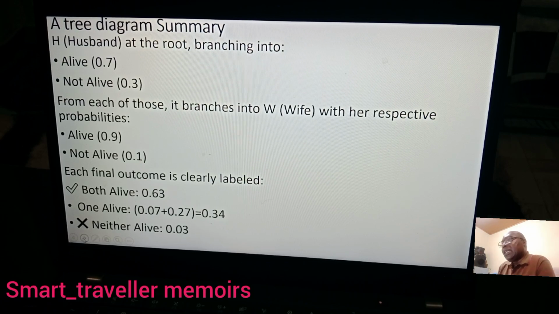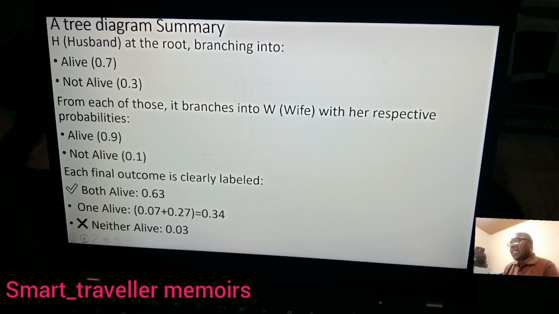And in summary of the tree diagram, H, husband, is at the root, and it branches into alive 0.7 and not alive 0.3. From each of those, it branches into W wife with her respective probabilities.